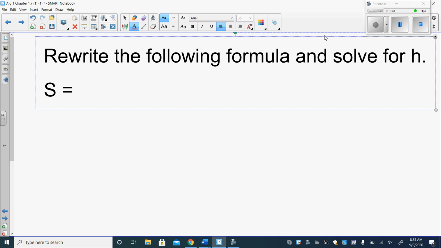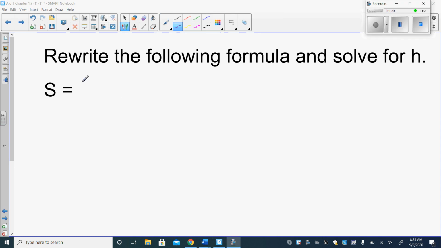I'm better off just writing this out. And this here is the surface area of a cylinder.